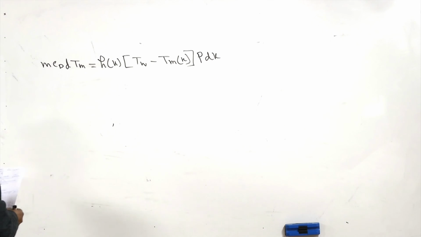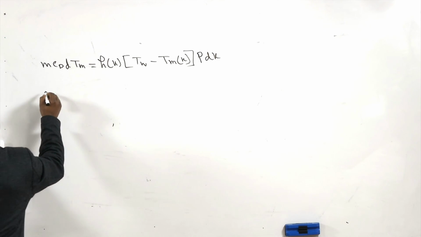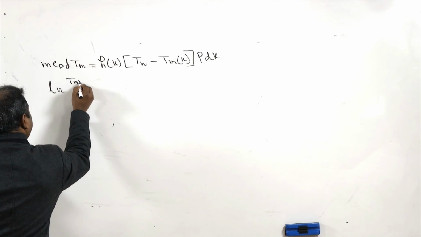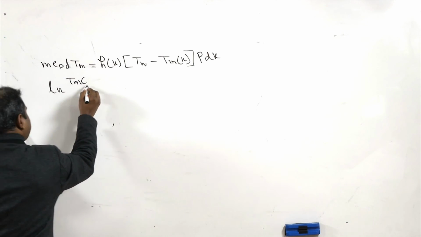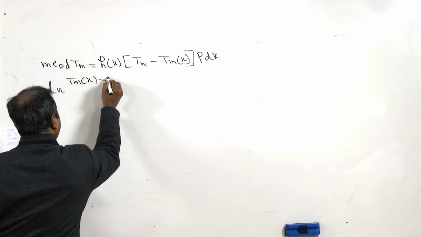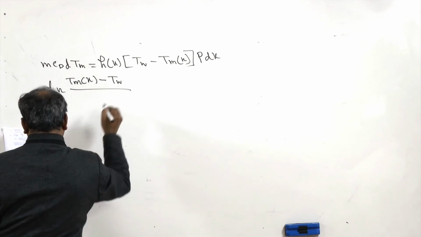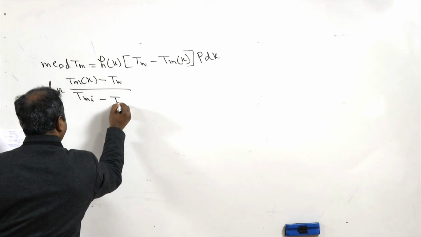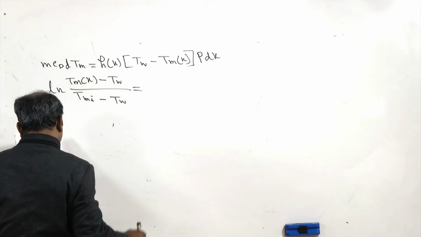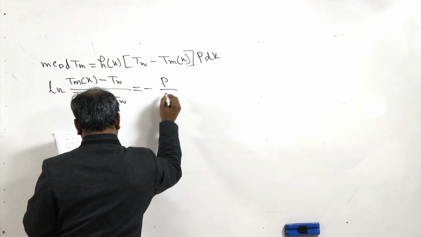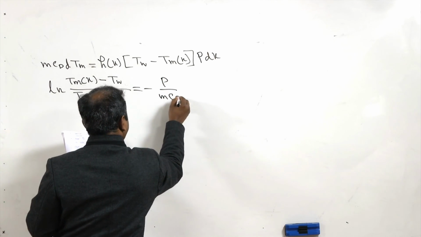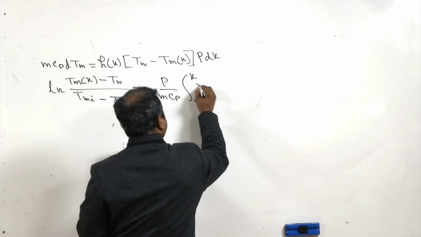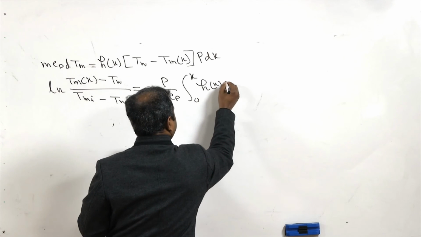Now, if you integrate both sides, you will get ln of (Tmx minus Tw) over (Tmi minus Tw), where Tmi is the inlet temperature and Tw is the wall temperature, equals minus P by m Cp, integral from 0 to x of Hx dx.